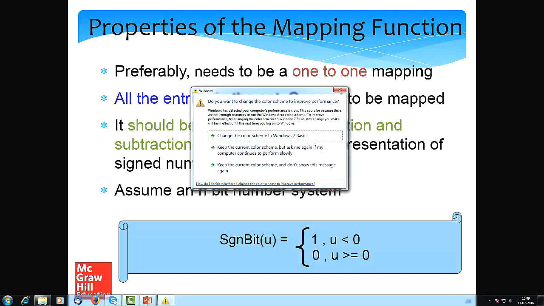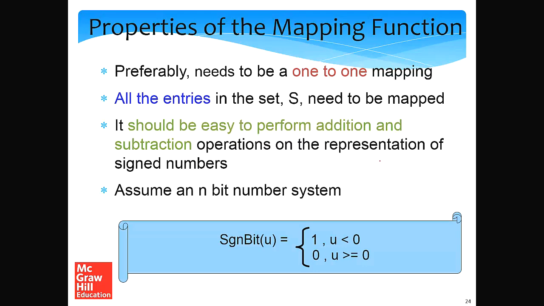So let's look at one of the simplest possible ways of doing it. Assume an n-bit number system, a number system in which we represent every number by a sequence of n binary bits, from xn to x1.